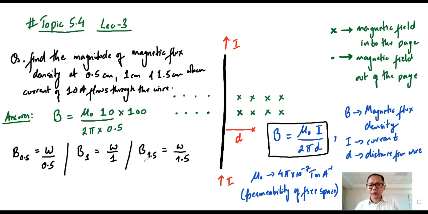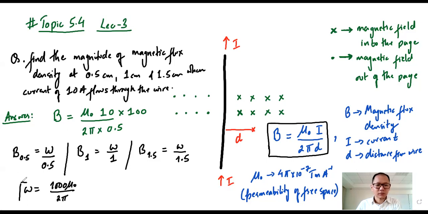So you see here, as you go away from the wire, the magnitude of the denominator increases. So when the magnitude of the denominator increases, the value of the flux density decreases. Okay, if you're confused about what W is here, W is just 1000 mu naught divided by 2 pi.